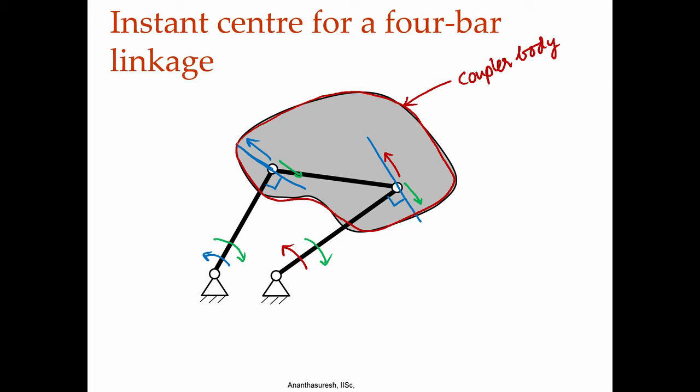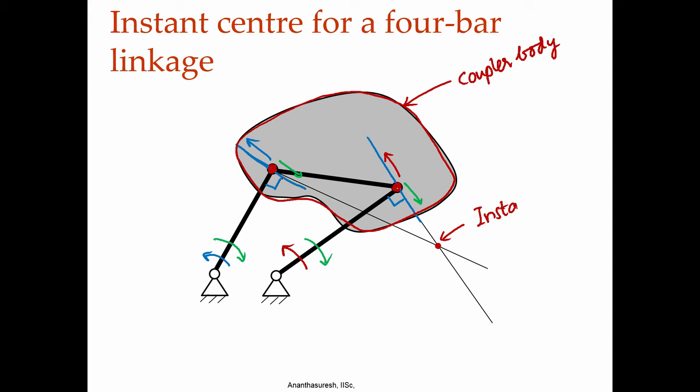Now, we have the same concept, we have a rigid body where we know the directions of velocities of 2 points, that is this point and this point. When you have that, we can do the same thing, drawing a perpendicular at that point and then this point, then we get the instant center of rotation.